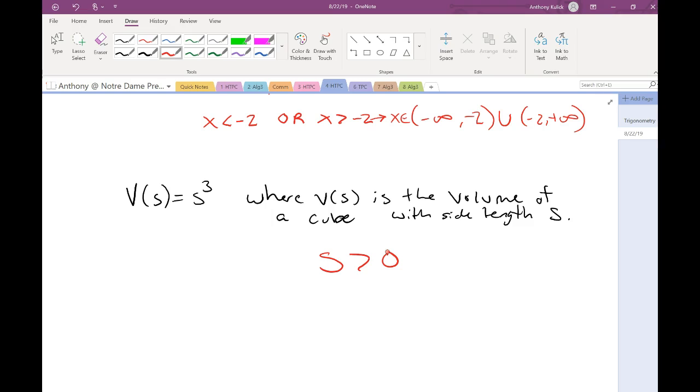But definitely you can't have negative side length. A zero side length, whether we count that or not, is maybe not clear. But I think it's probably most natural to call this greater than 0. So if I turn that into an interval, we just have 0 to positive infinity.